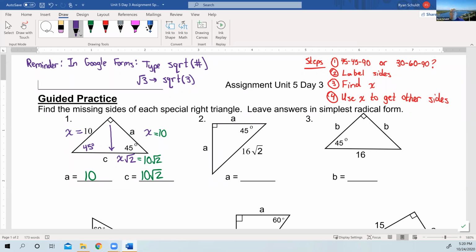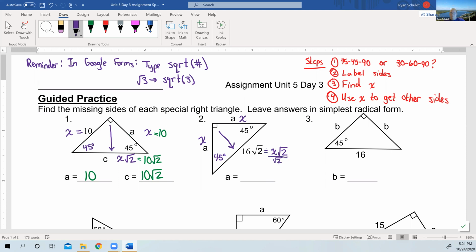Number 2, what kind of triangle is it? 45, 45, 90. Okay, label our sides. This side needs to be X square roots of 2. There's X, there's X. So we labeled our sides. Now we have to find x. Well, here's a little equation here.